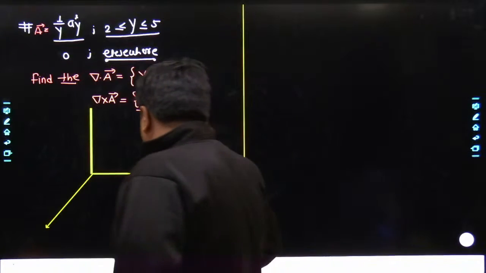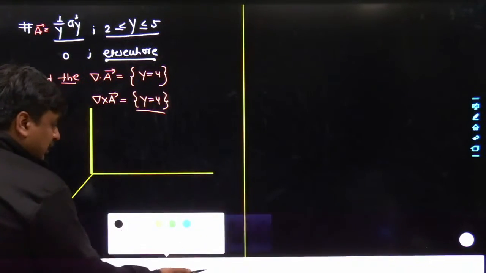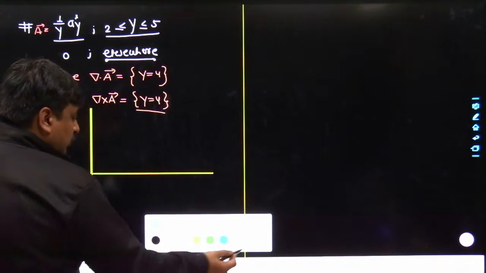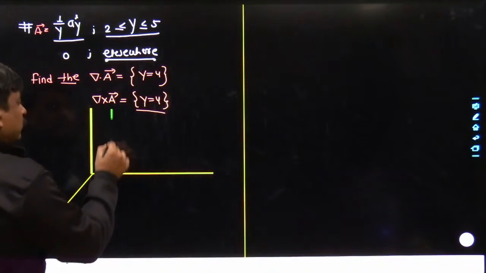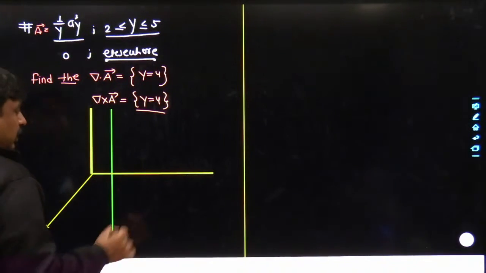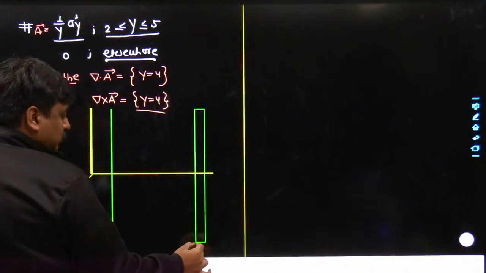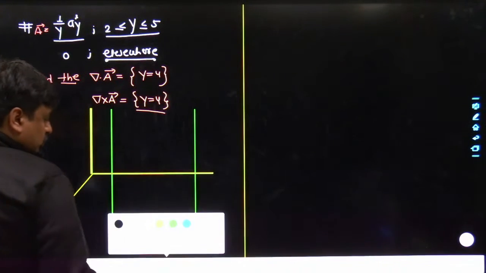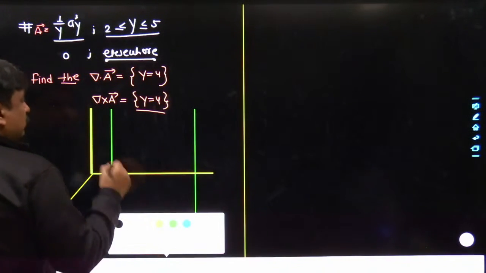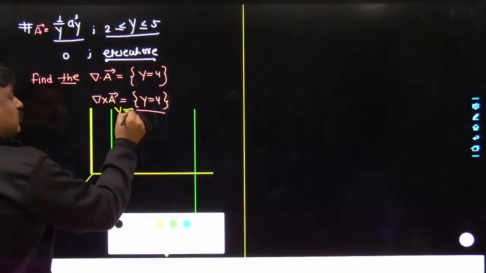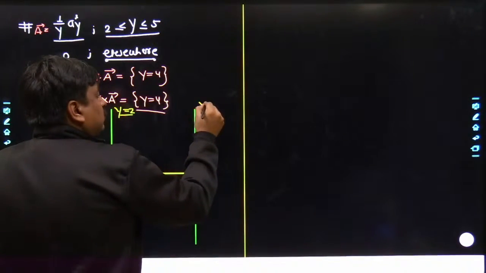So I would be taking the reference of y is equals to 2 as well as 5. Here it goes, y is equals to 2, and here goes y is equals to 5.